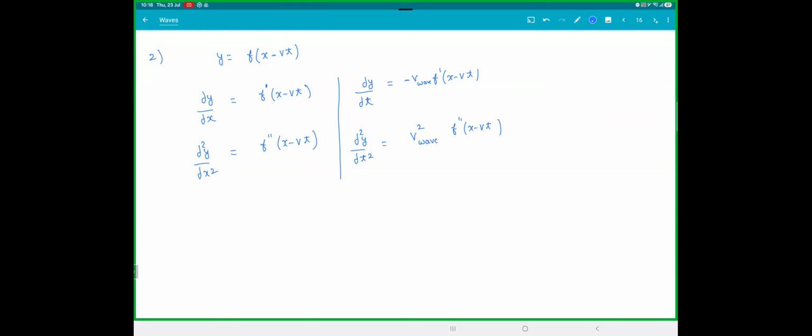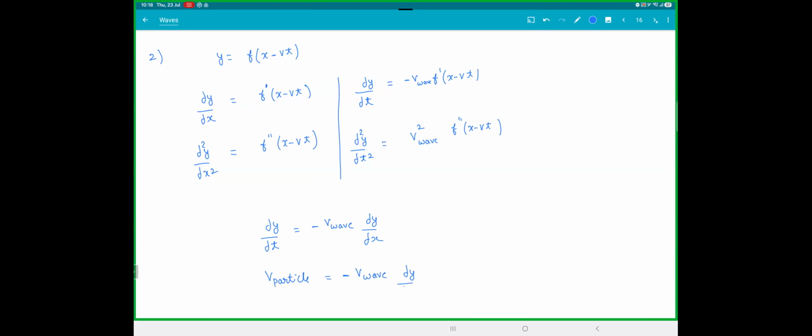You get a pretty nice equation. If you take the first two and equate them, we get dou y by dou t is minus v wave times dou y by dou x. Means if I replace this here, what is dou y by dt? V particle, if y is the displacement. This is the relation between particle speed and wave speed.